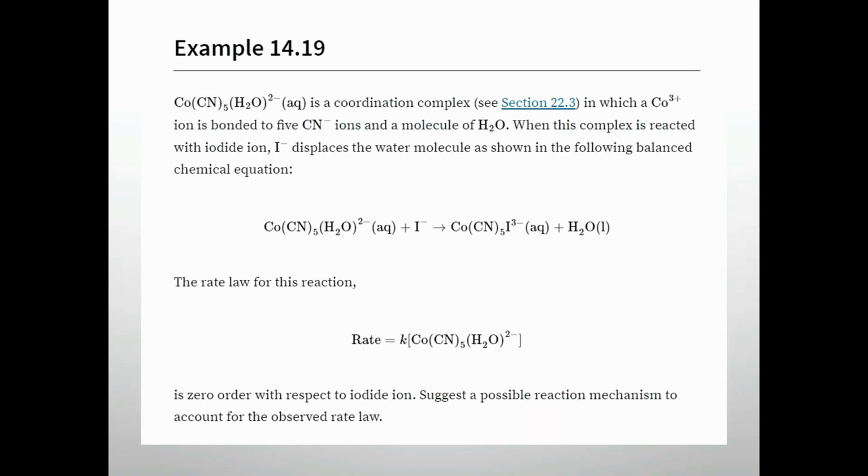So we're going to say that step 1 is probably that Co(CN)5(H2O)2- simply loses the H2O.